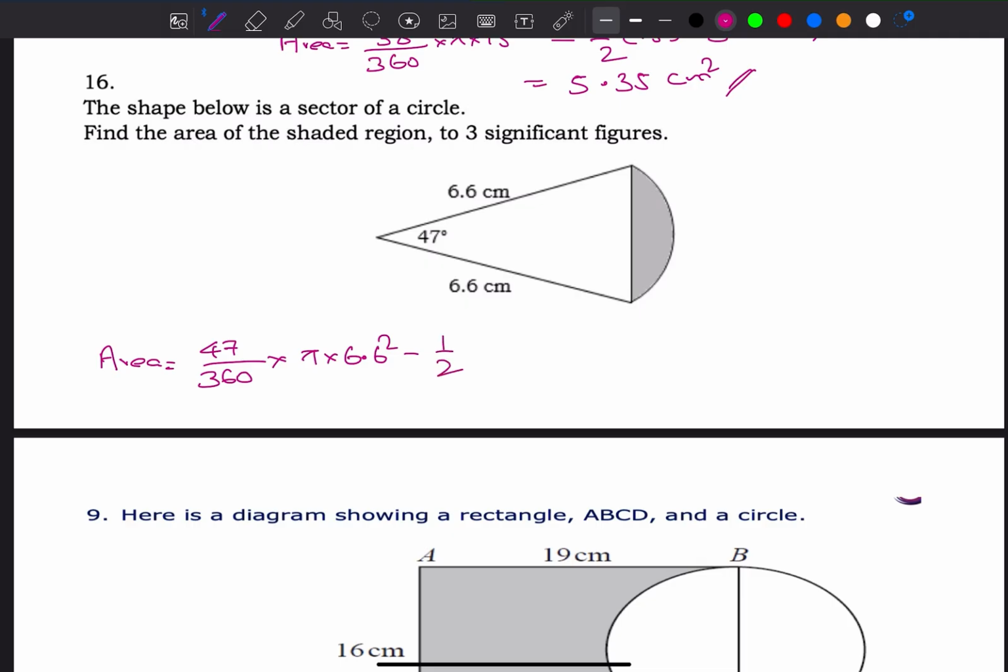Area of triangle is half times, these are your a and b, so 6.6 squared sine 47. That will give you 1.94 centimeters squared.